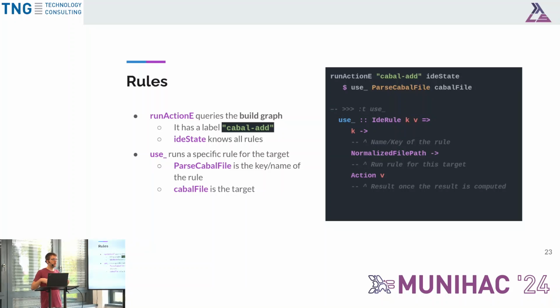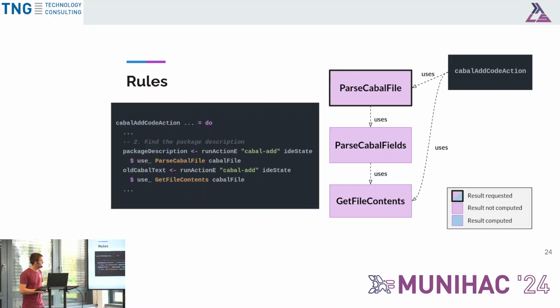So what is the interaction of the build graph now with our code action handler that we've been trying to write? Here, now we see the subset of the code that we've previously been looking at. Nothing has changed. On the left side, we want to run two rules in quick succession after one another. And the state to the right is the state of the build graph at the current point in time.